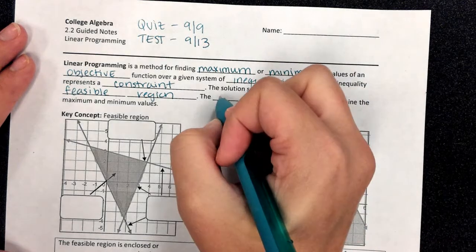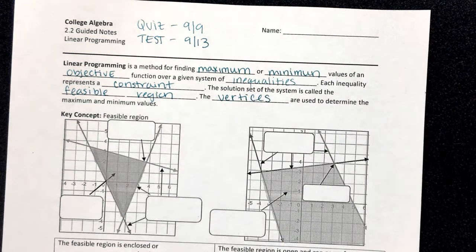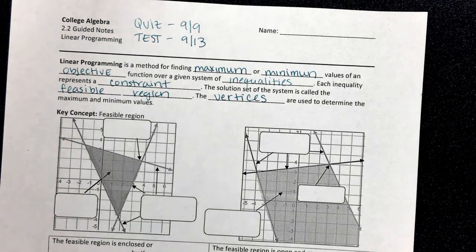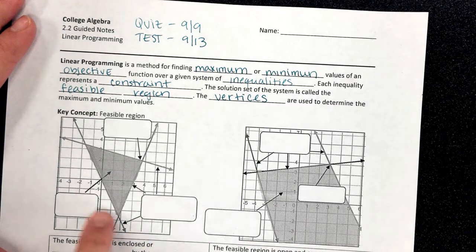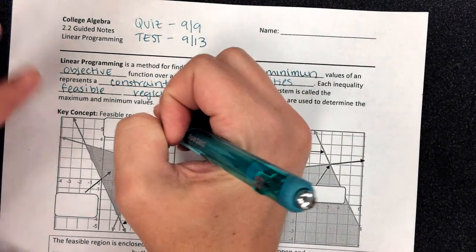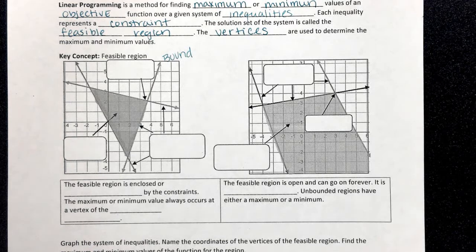And the vertices are used to determine the maximum and minimum values. So these are just 2 different types of graphs. This graph on the left is called a bound graph, meaning it has borders on every side of the feasible region.